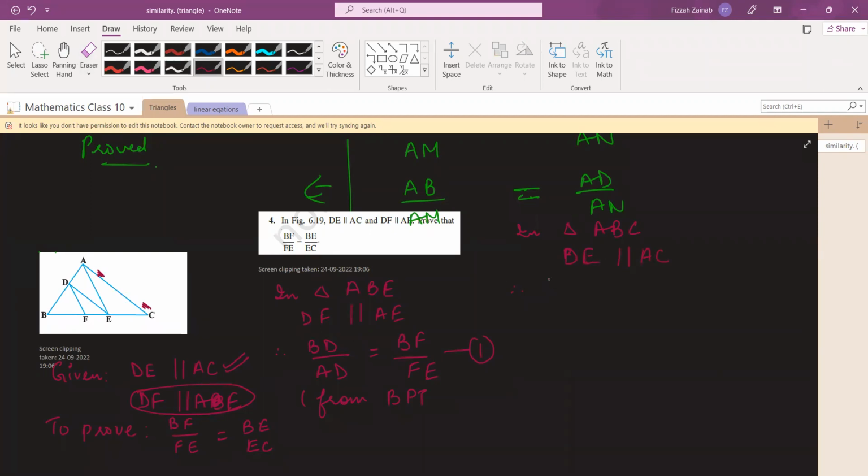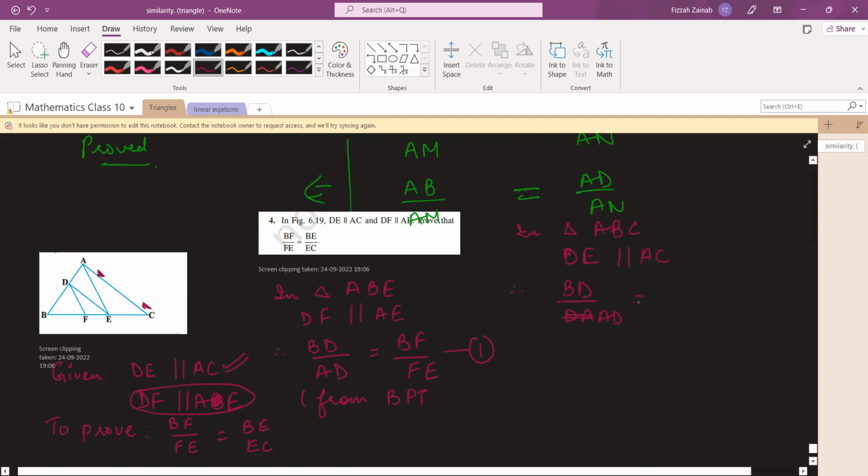So again I can write BD upon DA or AD is equal to, this time it will be BE upon EC, right? Because line DE is parallel. So this much part upon this much part. Understood?